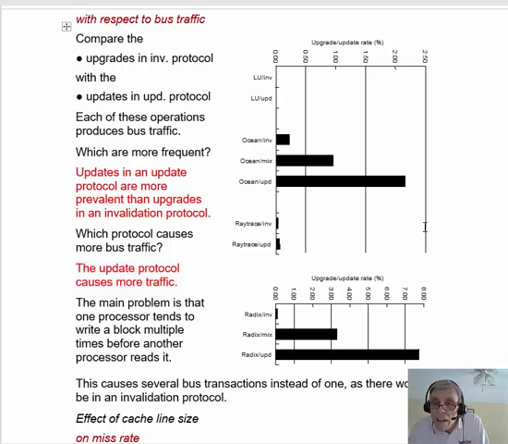I don't know if we can see that directly from this graph, but it is certainly true that when there are a lot more update transactions, there's going to be more bus traffic than in an invalidate protocol. So the situation with regard to invalidate versus update is that update does give you a better miss rate, but it also increases bus traffic to the point that it's usually not the best protocol to use.